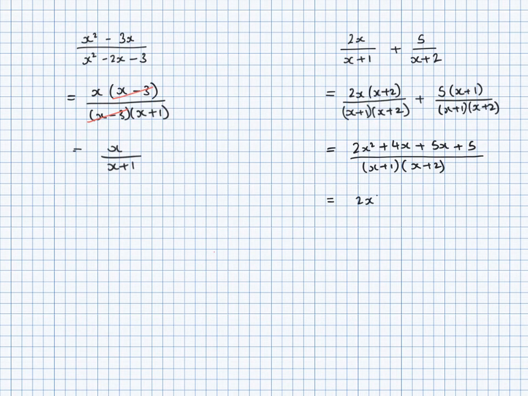So 2x squared plus 9x plus 5, and the denominator I can leave it in factorized form, or I can multiply it out, doesn't really matter. x plus 1 and x plus 2. Sometimes we need to check if this can be factorized, and then if anything cancels down. In this case it won't.